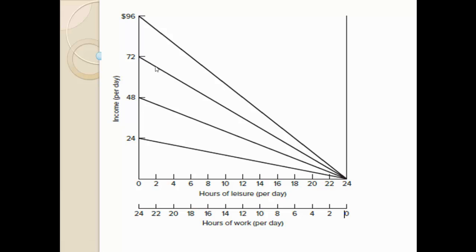If the wage rate increases to 4, by working 24 hours, he can get $96. If he doesn't spend any time in work, but takes rest and enjoys leisure, this 96 will be the budget line.